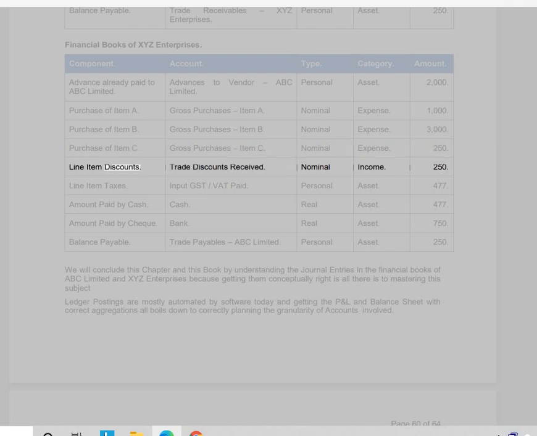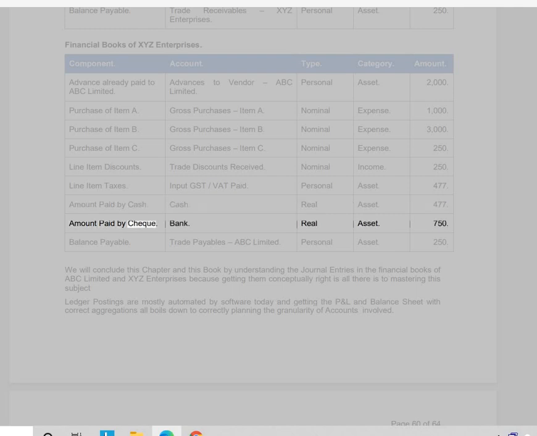250. Line item discounts, trade discounts received, nominal income, 250. Line item taxes, input GST/VAT paid, personal asset, 477. Amount paid by cash, cash, real asset, 477.